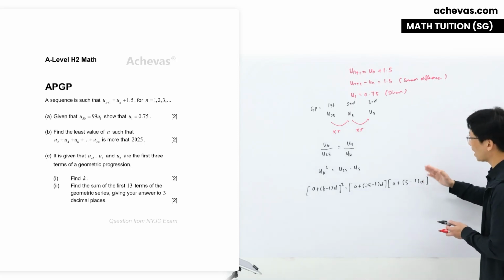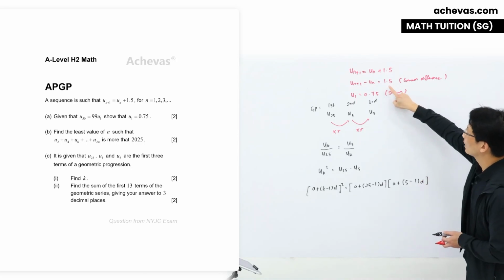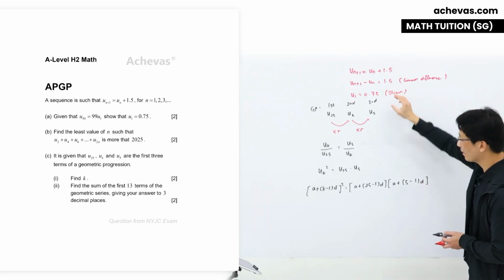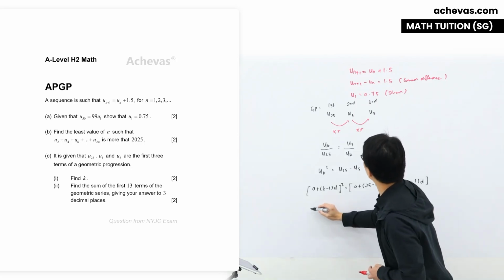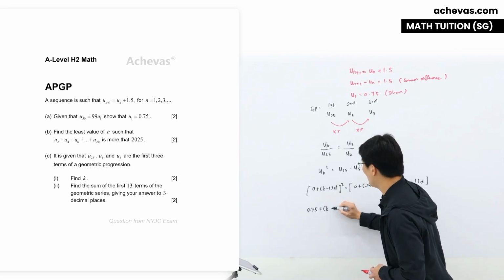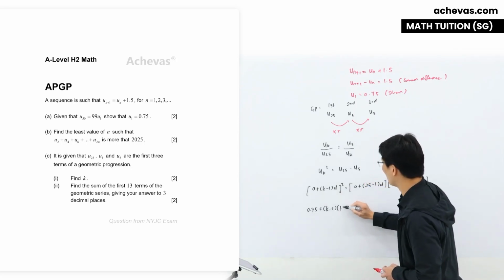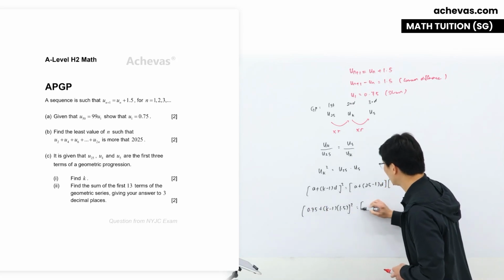And from the previous part, we already found out that the first term is equal to 0.75 and the common difference is 1.5. Subbing into this expression, this is equal to 0.75 plus k minus 1, this is equal to 1.5, the entire expression squared.